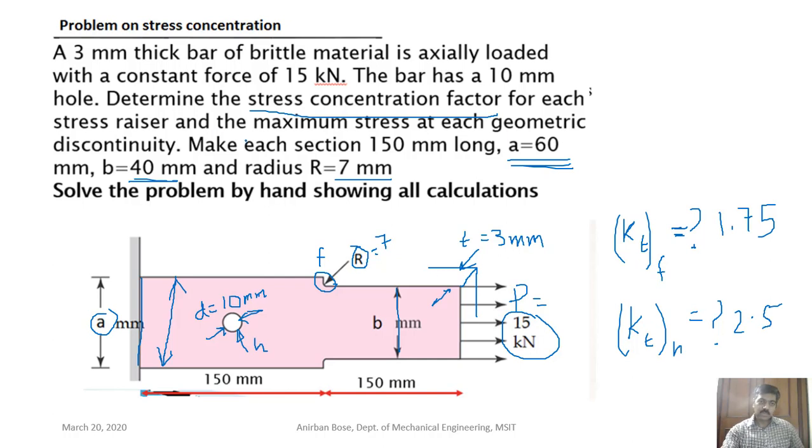So we have solved the first part of the problem, which is to determine the stress concentration factor for each of the stresses. The second part of the problem is to find the maximum stress at each geometric discontinuity. So you have to find the maximum stress that will occur at this fillet and the maximum stress that will occur around this hole.